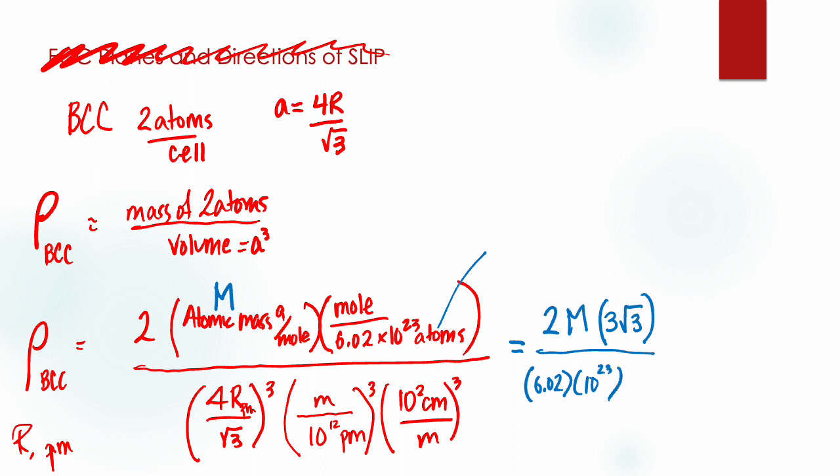And then I've got R cubed. And then that 4 cubed is going to be 64. And then here in the denominator, this is going to end up being 10 to the 6 divided by 10 to the 36.